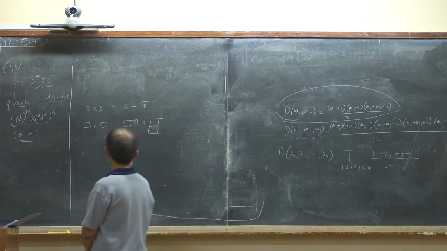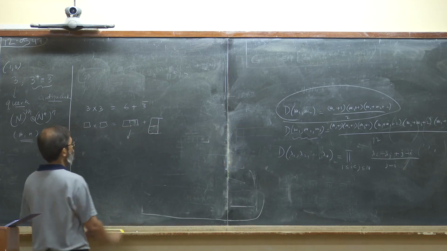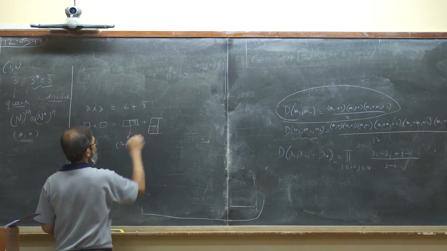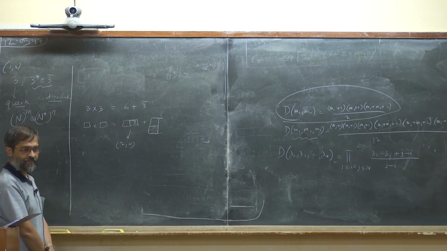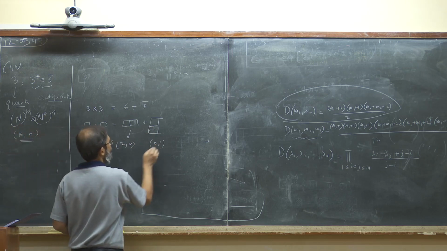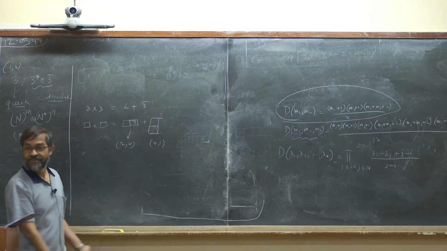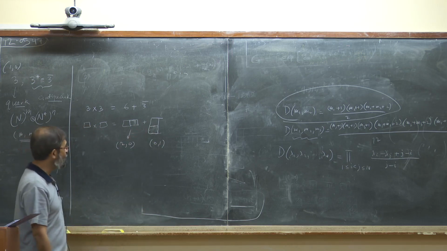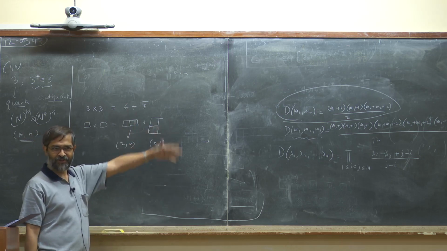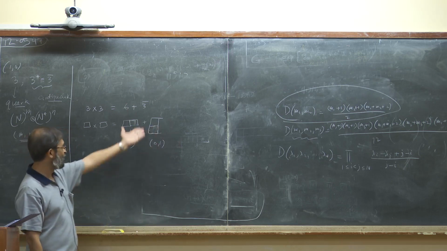So therefore, this is 2, 0. And how about this? 0, 1. So indeed, this is the anti-fundamental representation. So therefore, this has to be 0, 1. This we knew already. But now, with our new knowledge of M1, M2, we can be more confident.